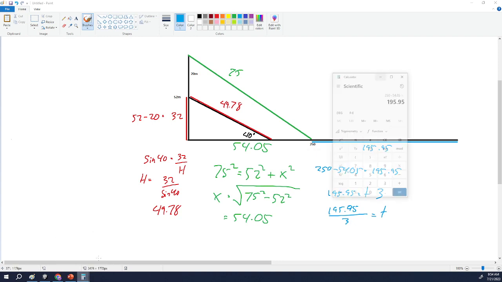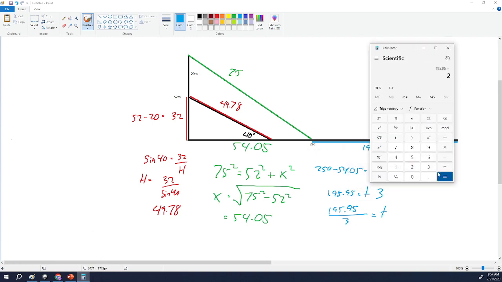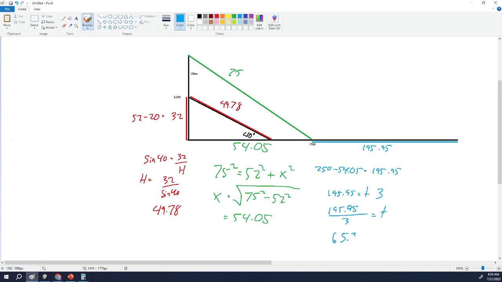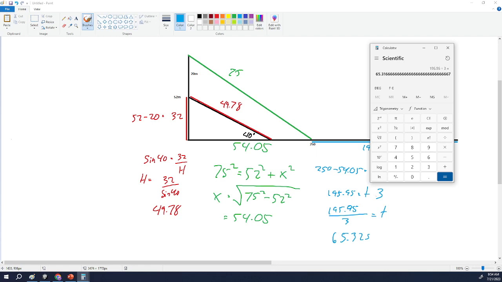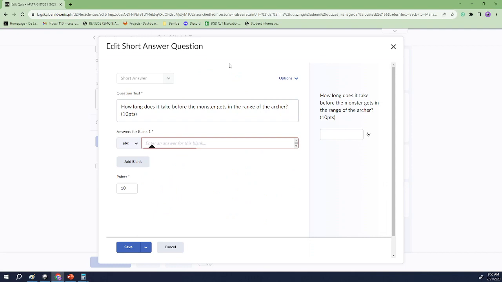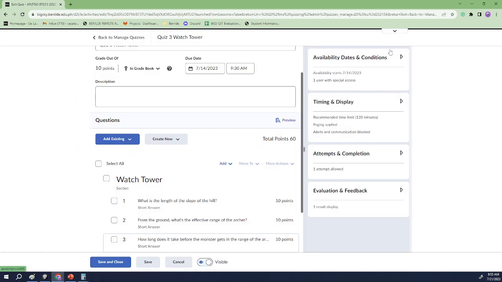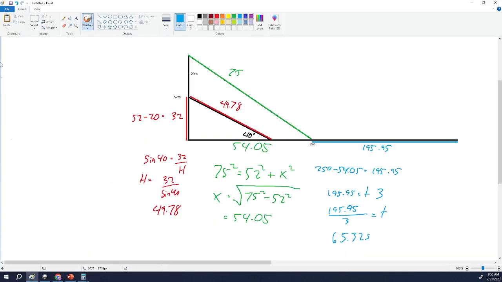It will take the monster to be in range 65.32 seconds. That is how long it will take to reach the range of the archer. So let us put this here. It'll take him 65.32 seconds.